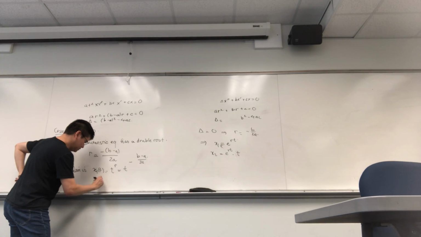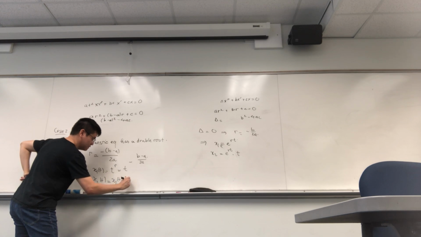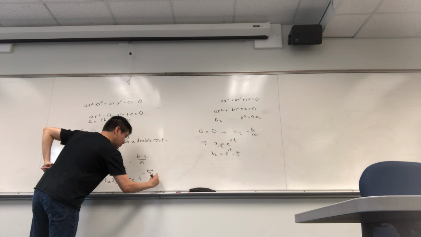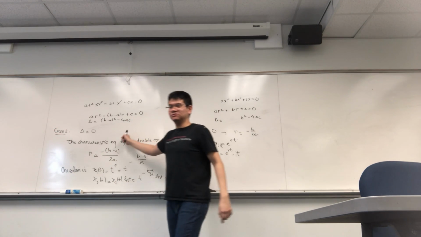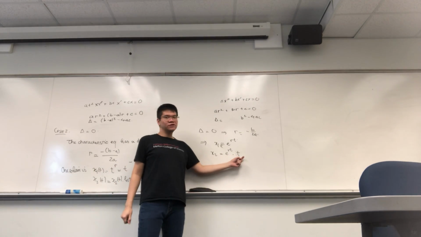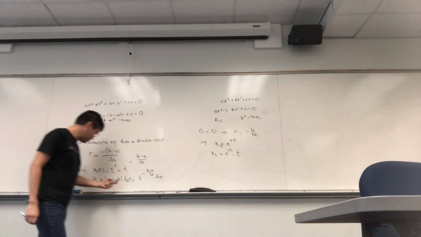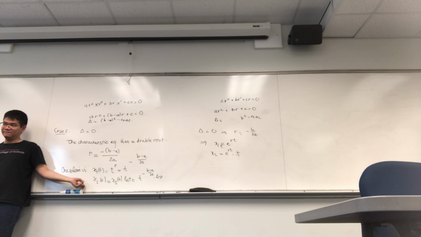So x2(t) will be x1(t) times log t. And this is how you remember the two cases, right? Here you have exponential, you go to polynomial, and then for the second solution, you multiply it with t. And for this case, you just go down one more scale, which is log. Right? So this is how you remember it.